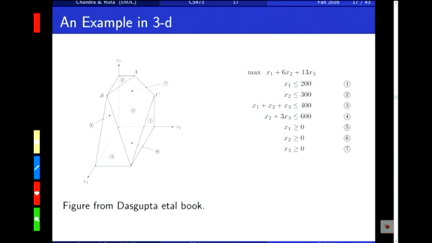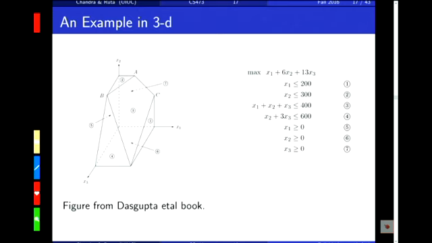Similarly, y is at least 0, at most 1, and z is at least 0, at most 1. Okay? So this plane is the z equals 1 plane. This plane is the x equals 1 plane. And so on. Right? So every inequality will define a plane. Okay? And when you say less than or equal to, it will define a half space of that.